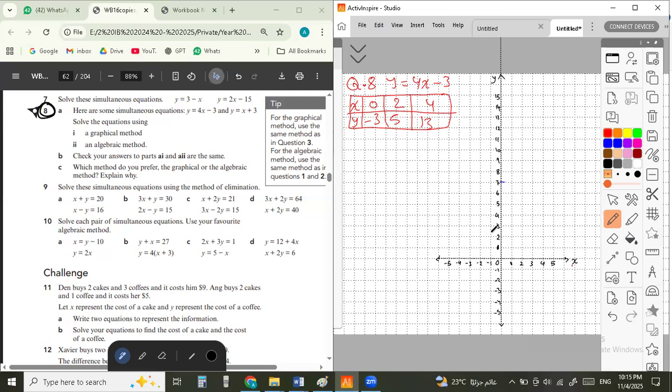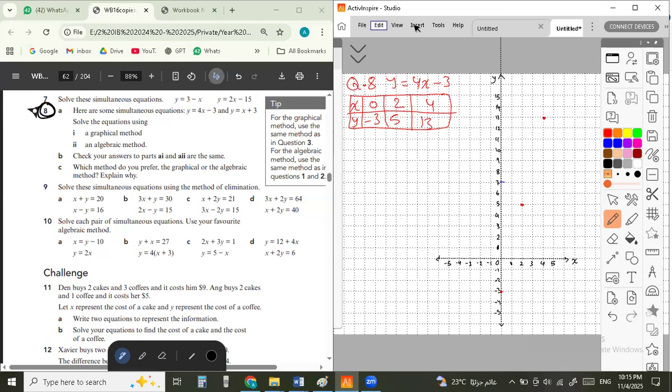Let's plot it. 0 and negative 3 is here. Then we've got 2 and 5 is here. And then we've got 4 and 13, is going to be here.